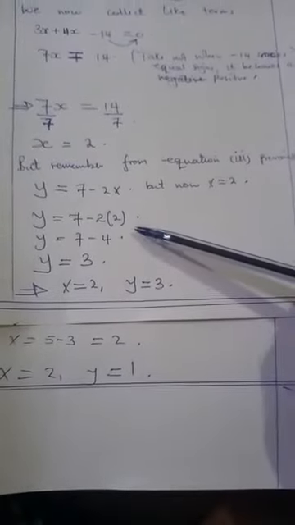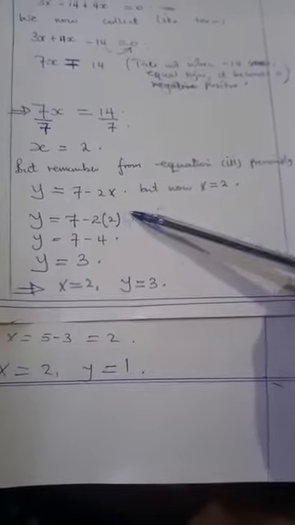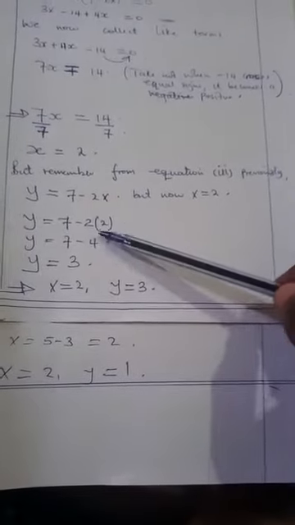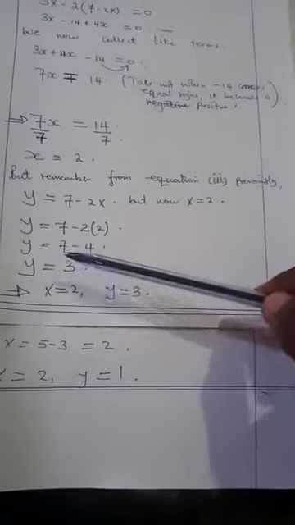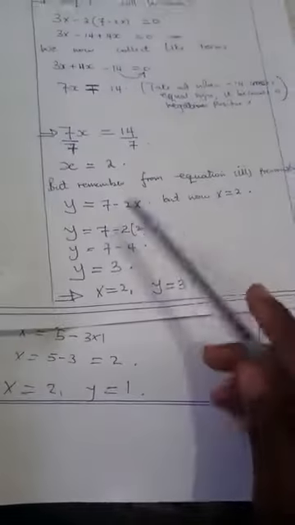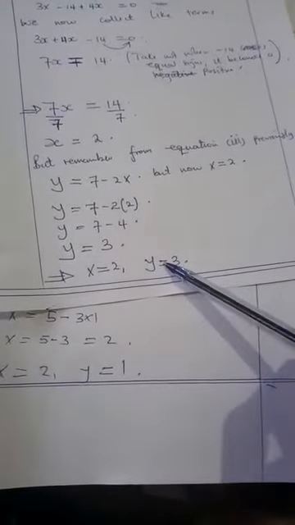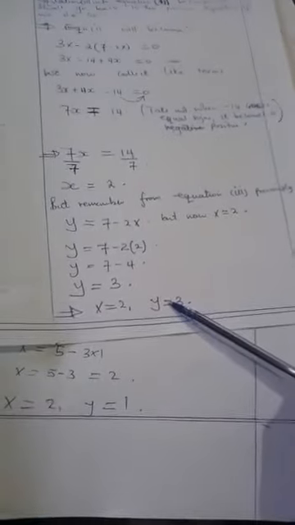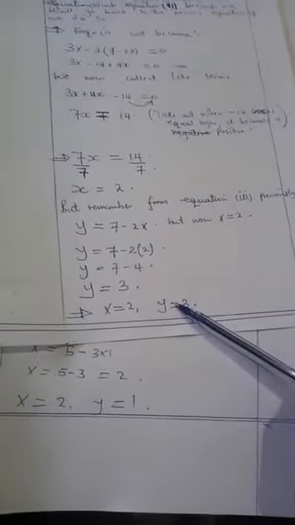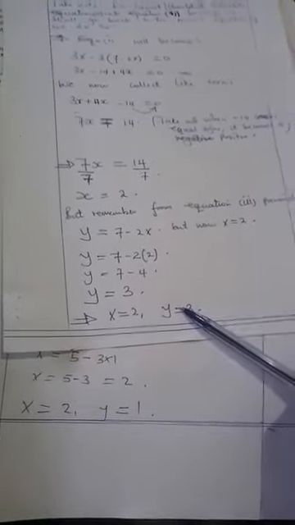That means we shall substitute 2 into equation 3. And when we substitute there, it becomes 7 minus 4. And so y will be 3. And we thus shall have solved for the value of x and the value of y. So that is how we can solve simultaneous equations, or a pair of equations, using the substitution method.